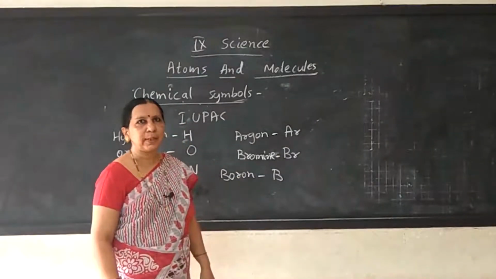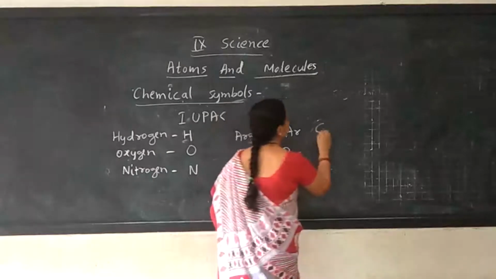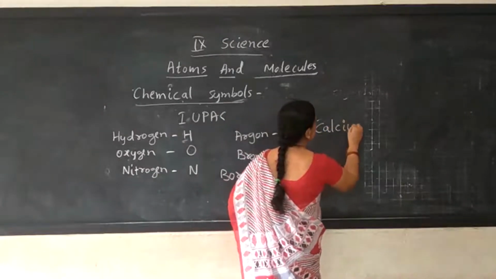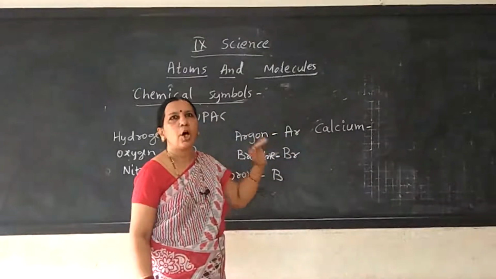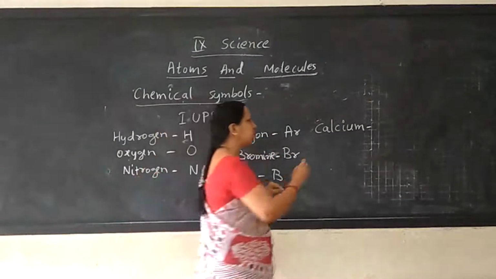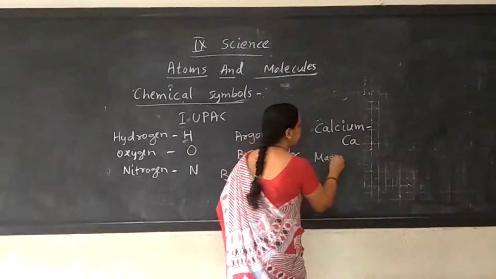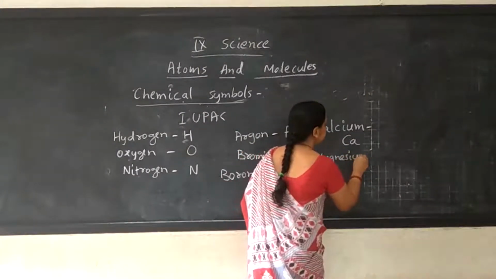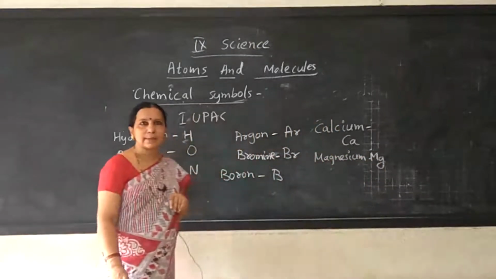First letter capital, second letter small letter. Like that, we can write many elements' symbols, taking either the first letter or first two letters as the symbol. Calcium, Ca. Magnesium, Mg. Like this, we write the symbols.